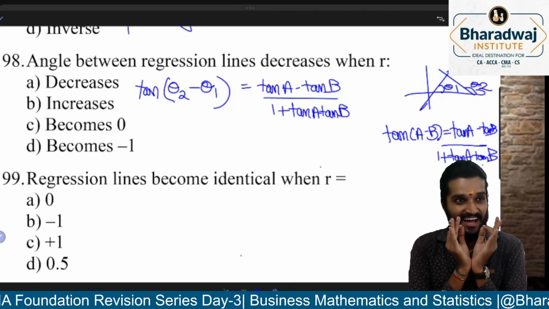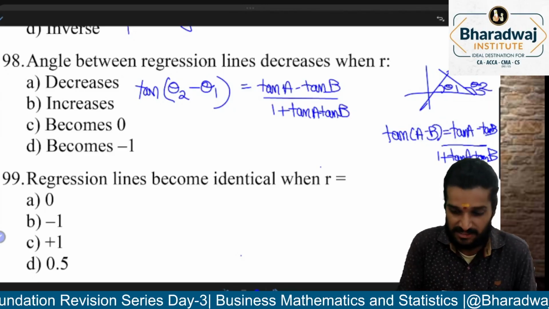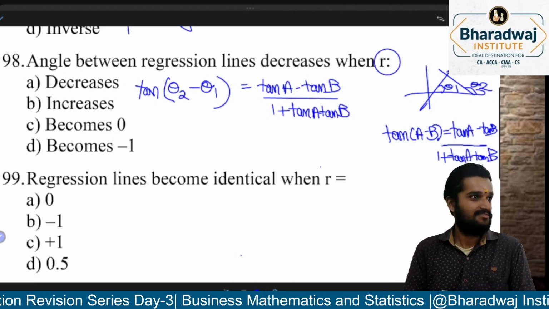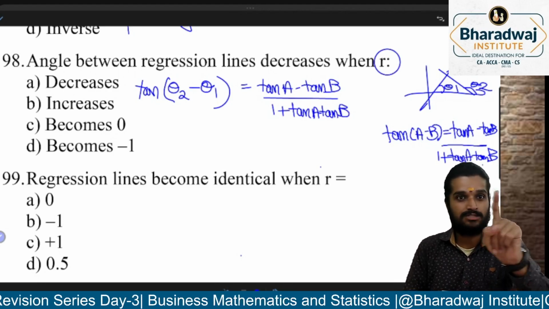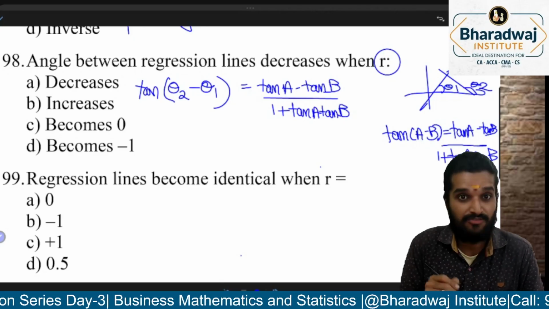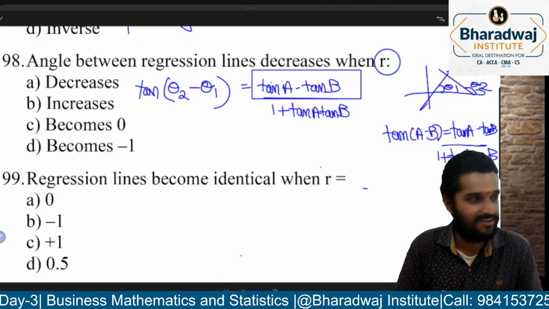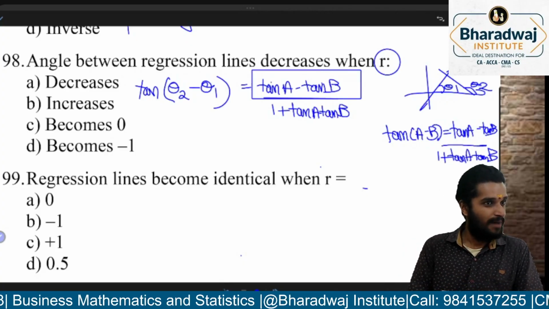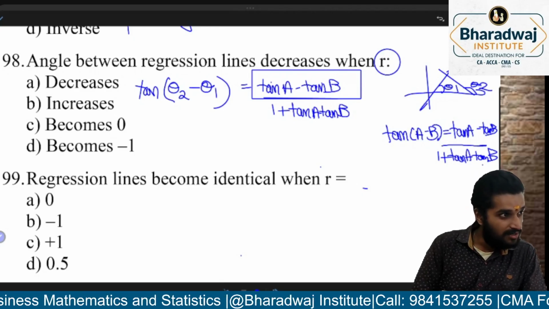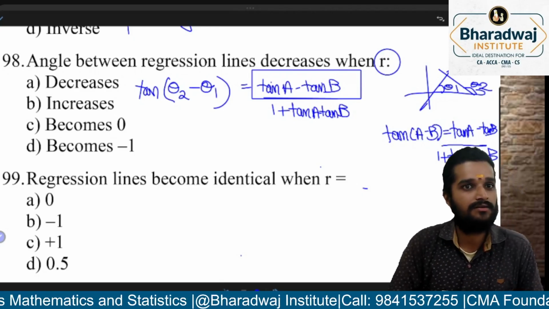Now they have asked the question with respect to R, not with respect to Bxy or Byx. If it is asked with respect to Bxy or Byx, you should consider the numerator. But it is asked with respect to R. What's the formula for R?